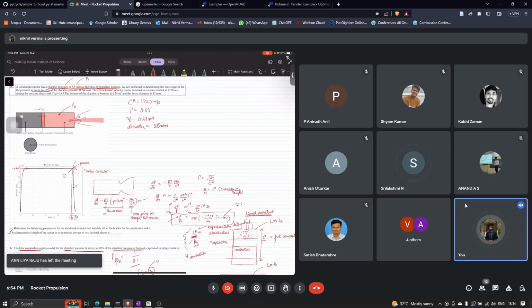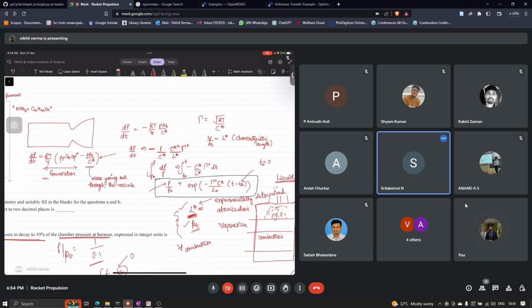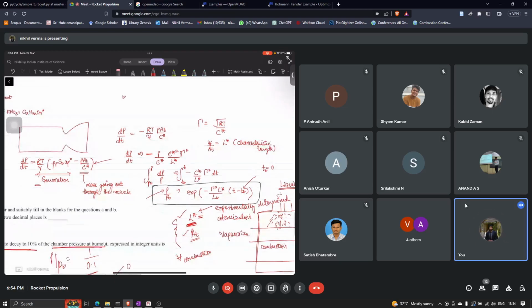Nowhere in this equation have we non-dimensionalized. I think when the professor was telling, we non-dimensionalized this term, SB rho P A C star divided by A throat, right? We used this term to non-dimensionalize pressure.